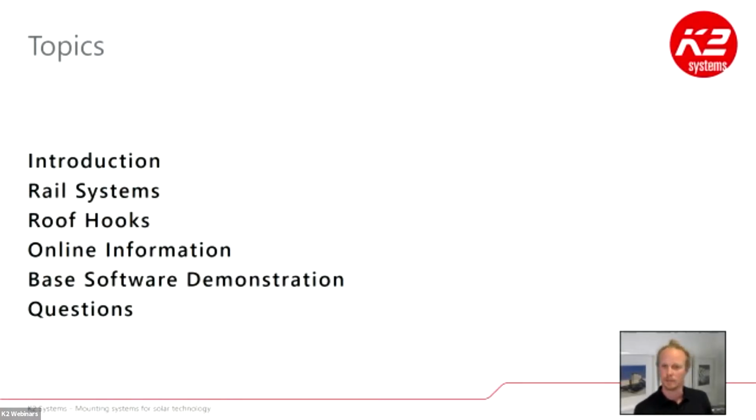He'll run through our website and then also give us a demonstration of the Base software. We'll then have a bit of time for questions. So if there's something you thought of during the webinar that you didn't have time to ask, you can stay around and we'll hopefully answer it for you then.